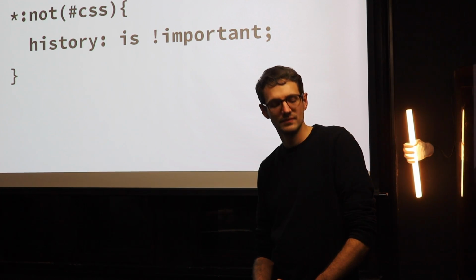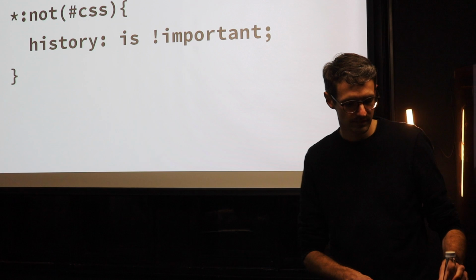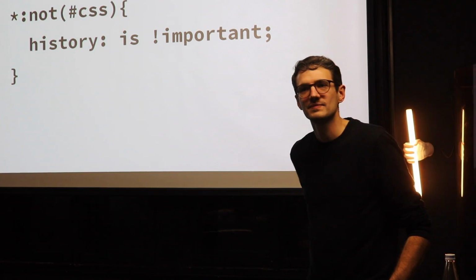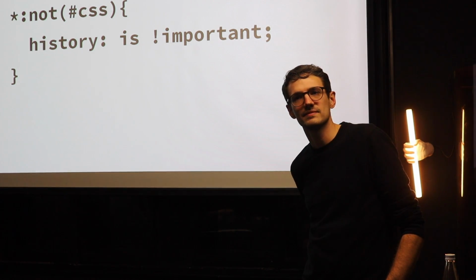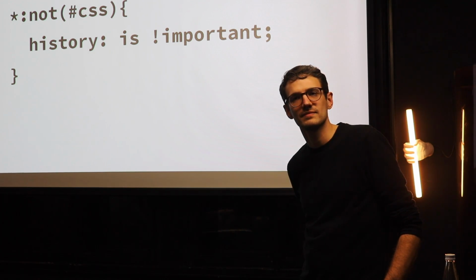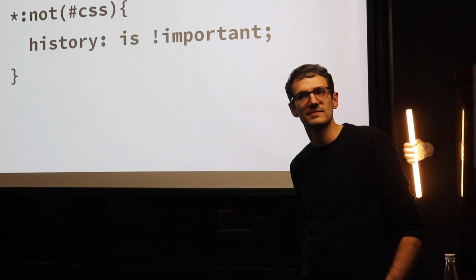So Emotion and styled-components are basically indistinguishable if you just read the code. And it makes sense to agree on how people should write stuff, and the library then just deals with the implementation of it.